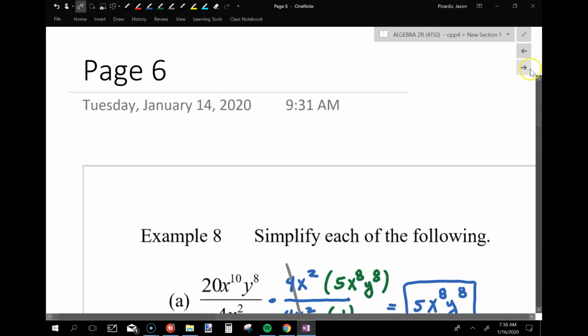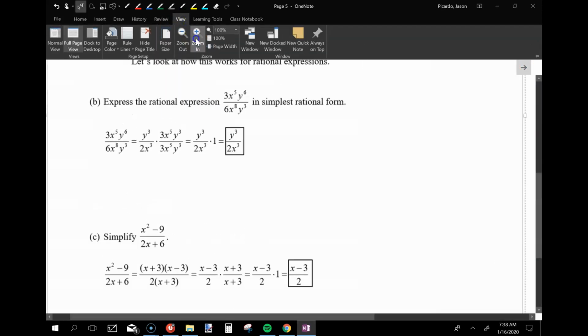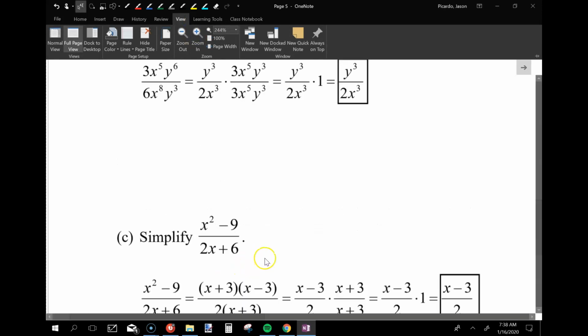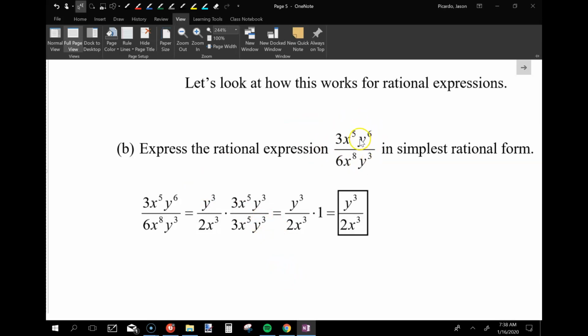All right, so if I flip back for a minute, what makes this second example different? Well, here's how I want you to determine which method you're going to use, because there are two methods to do this. If I look at this first example that we did, guys, and listen to the question carefully, how many terms are up top? I heard 2. What separates a term from another term?